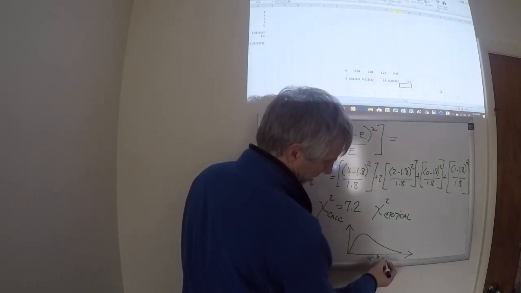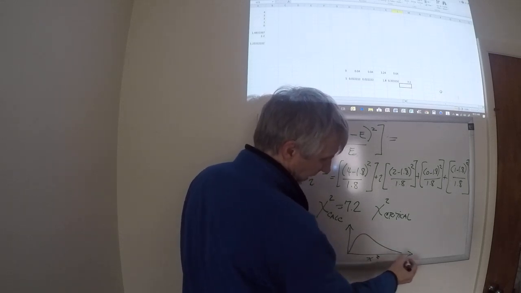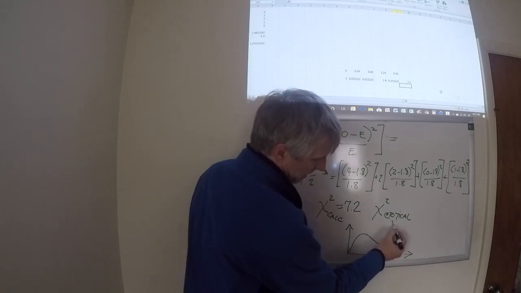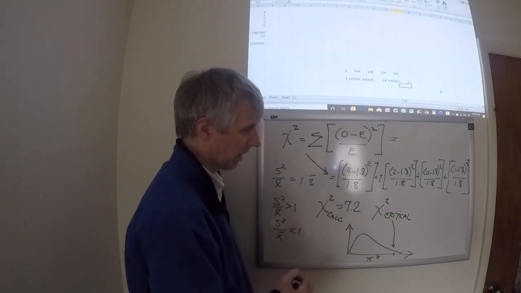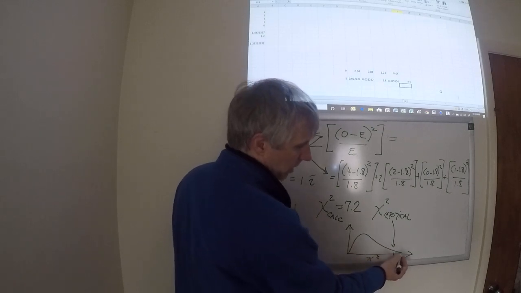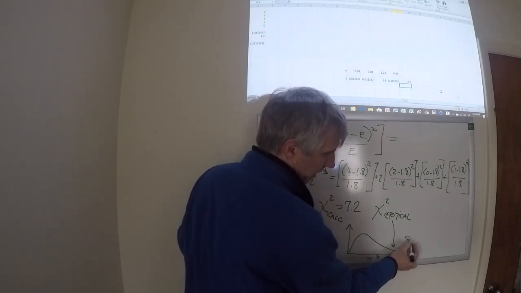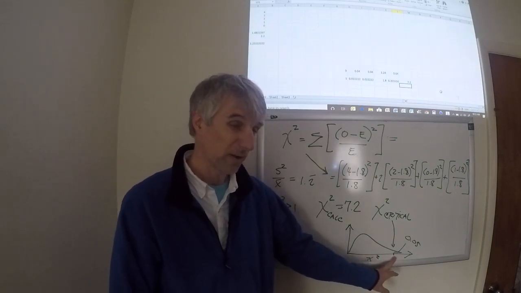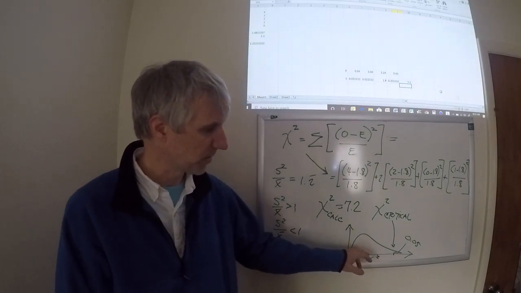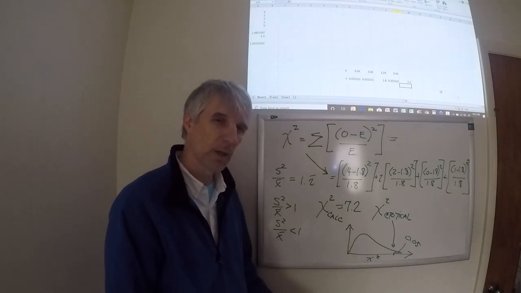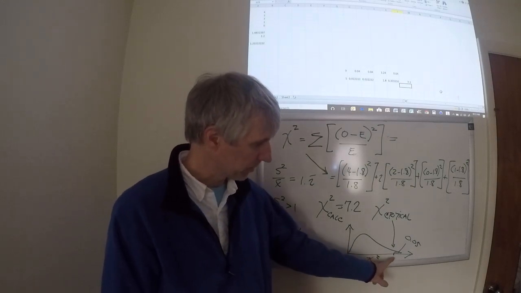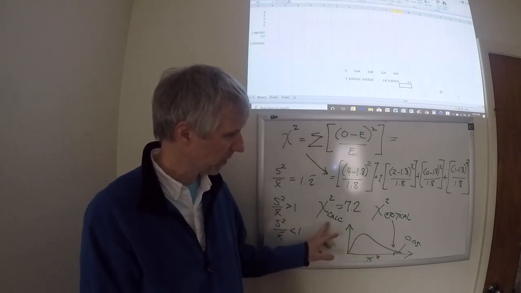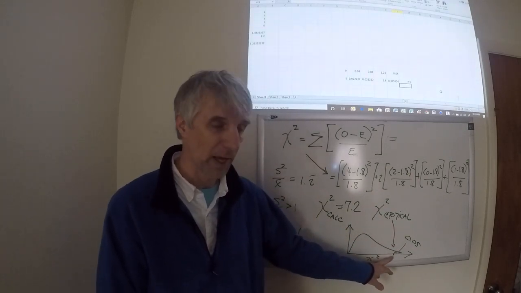And these are the chi-square values that are possible, and somewhere in here is this chi-square critical value. That value marks the point at which 5% of the distribution is above this critical value, 95% is below that critical value. So in stats class, what you probably did was figure out what this critical value was and then compared your calculated to your critical value.